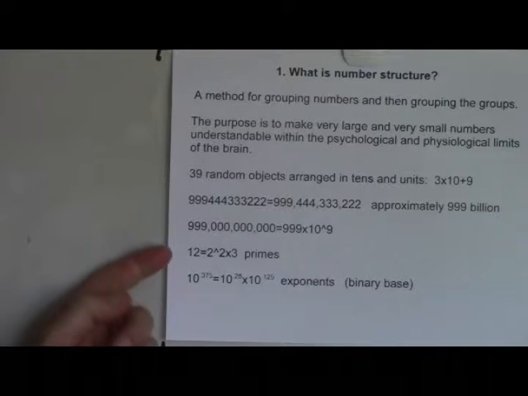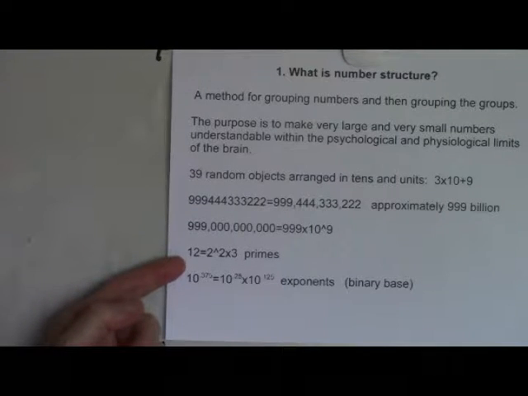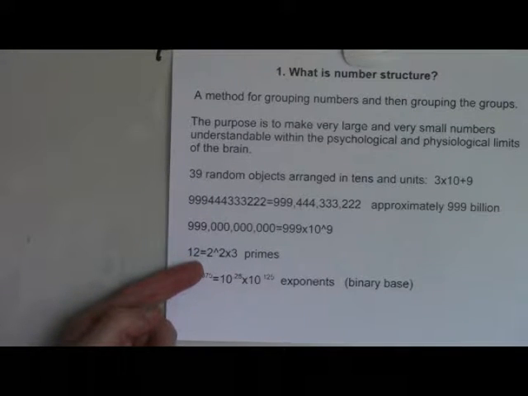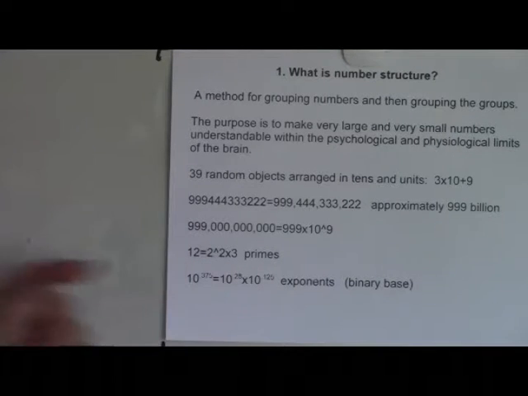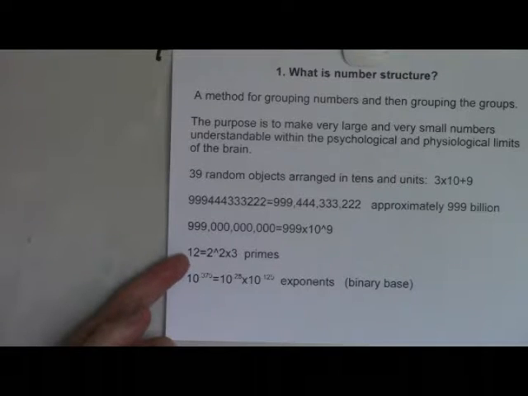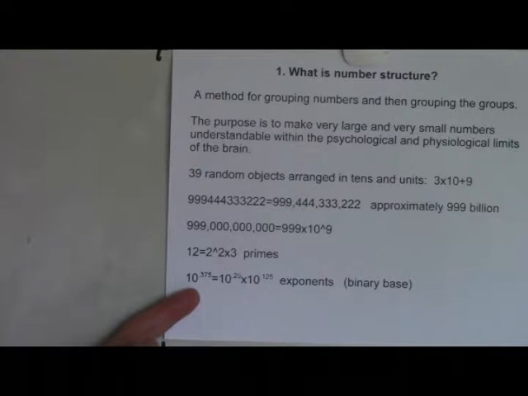And then we have another area where we have primes, where we're breaking our numbers up into small parts. So for example, 12 can be written as 2 times 2, which is 2 squared, times 3, a much smaller set of numbers. And that will become useful in improper fractions or in reducing fractions. And then another part which we don't see in school at all is number structure in terms of our exponents.